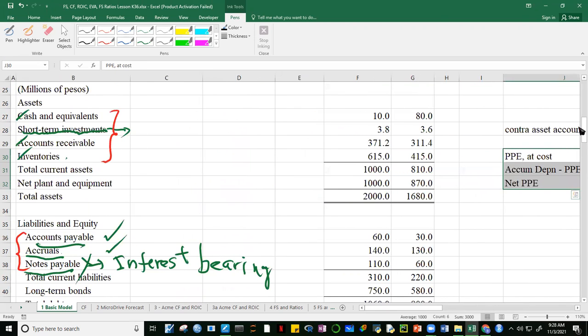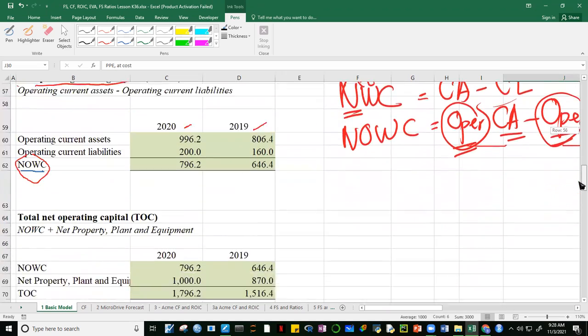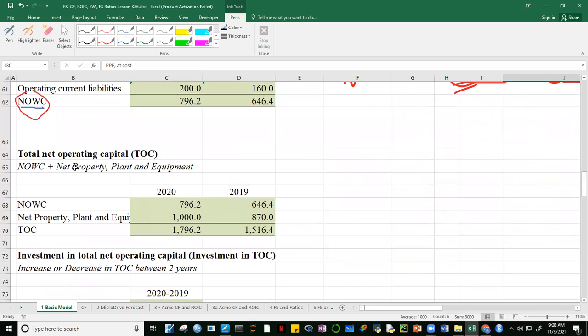Now for TOC, total operating capital, what we need is the net PPE. So if you're given also the PPE at cost, you have to add to NOWC your net property, plant, and equipment, not the property, plant, and equipment at cost.